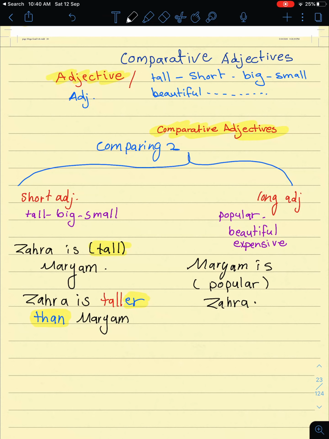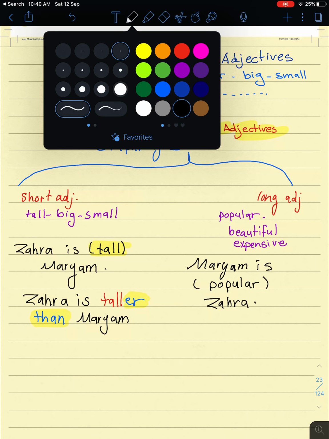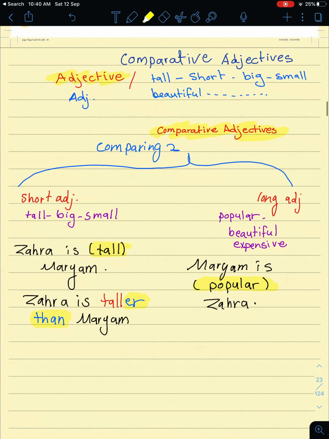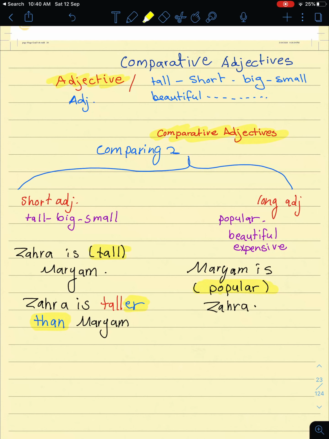I want you to compare between Maryam and Zahra. أبغاكم تقارنون بين مريم وزهرة. First, I'm comparing two things, أنا أقارن بين شيئين أو عفوا بين شخصين. And the adjective, الصفة, is a long adjective.